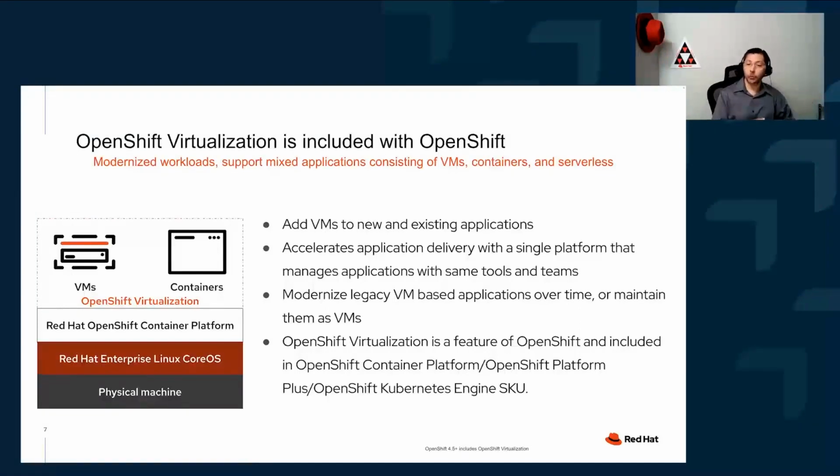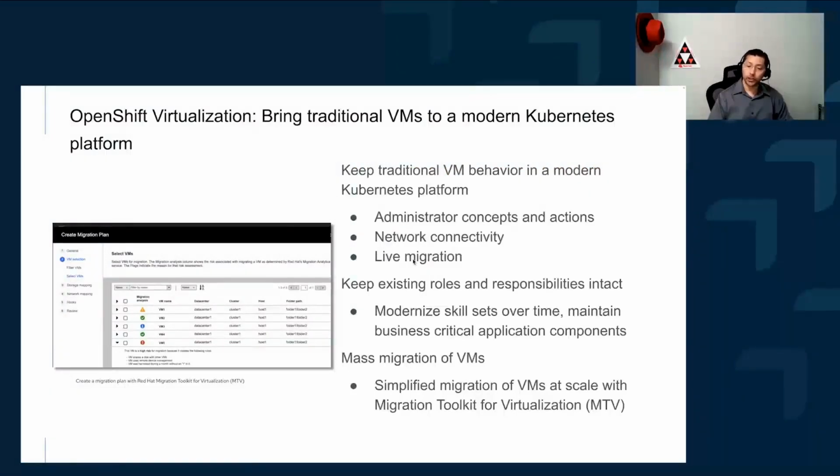Now, from an apps modernization perspective, it allows you to maintain existing apps, whether based on Windows or Linux, and then progressively build applications that integrate with those existing apps or decide when or even if it makes sense to modernize them. And so by bringing traditional applications and virtual machines into Kubernetes, you really get the best of both worlds.